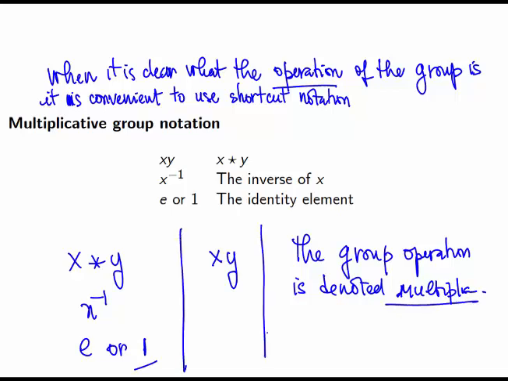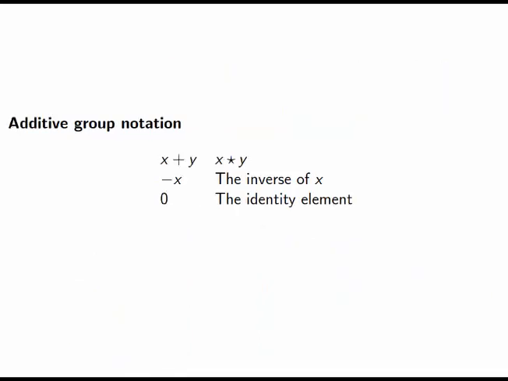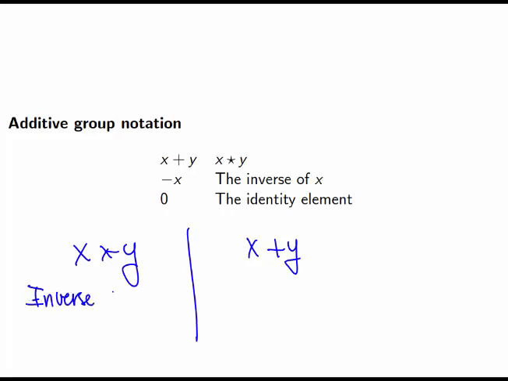We can also denote our operation additively when it's clear what the operation is. So instead of writing x star y, we'll write x plus y. And in writing the inverse of x, we'll write negative x.